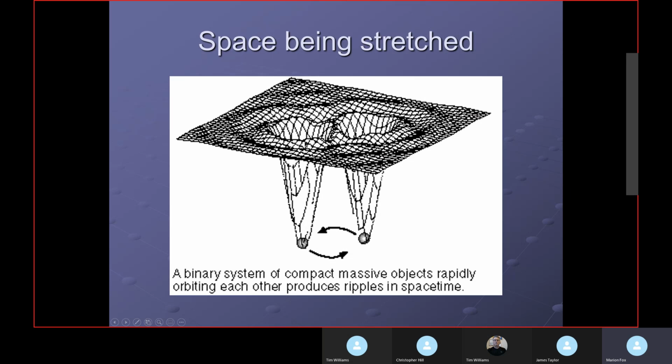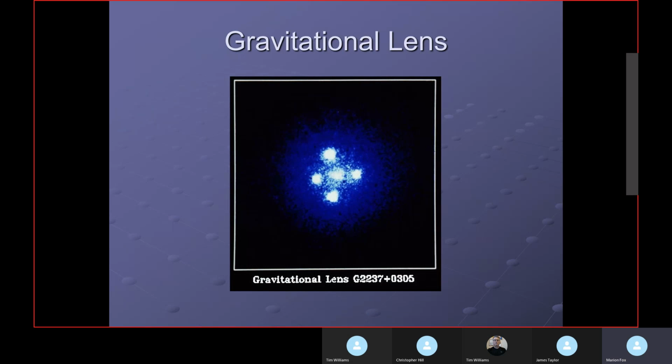The space, due to this massive gravity and this movement of these rapidly moving objects, it actually creates a pattern that we can see in space. And so space is being stretched by the gravity of these stars, these black holes and stars and neutron stars.